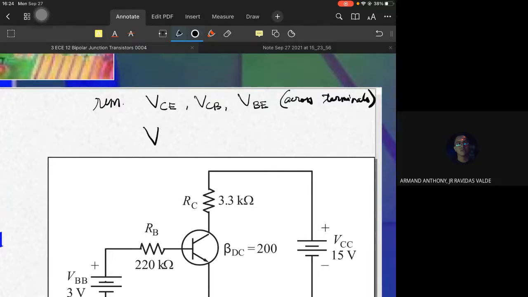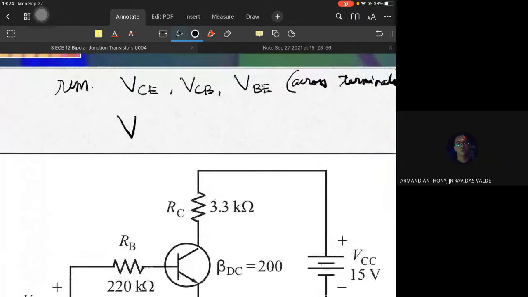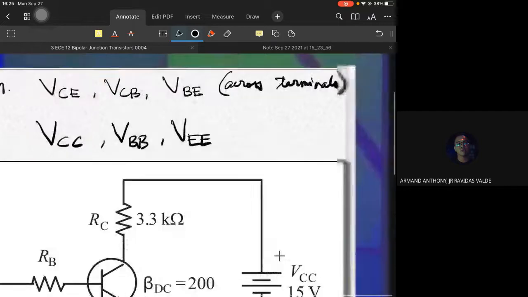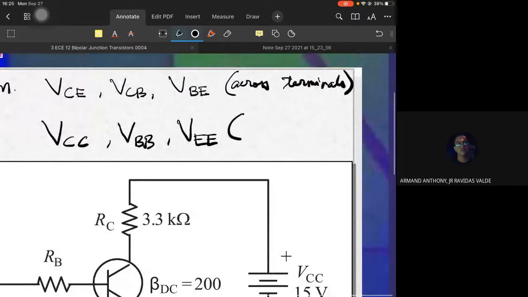Whenever we read VCC, VBB, and VEE, these always pertain to supply voltages.